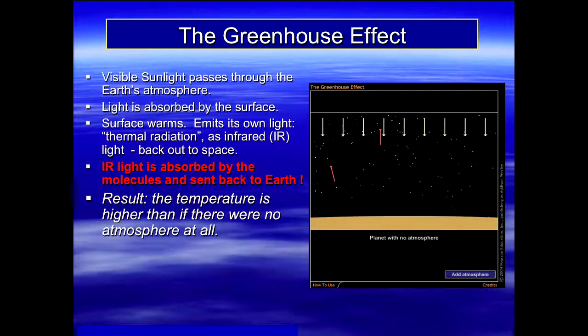So biology on the Earth requires some greenhouse effect to warm us up to the point, 0 degrees Celsius, where some of the water is in liquid form. The greenhouse effect is a good thing. Otherwise, we wouldn't be here talking about it.